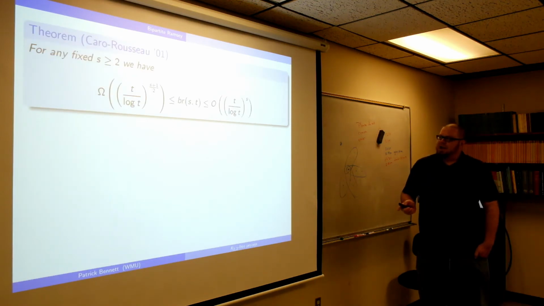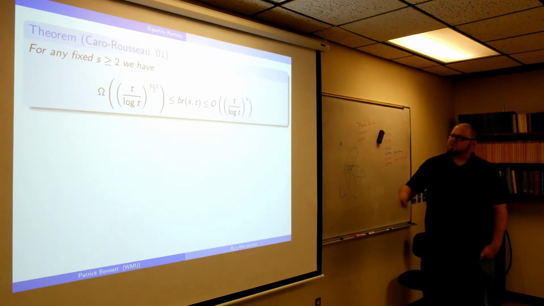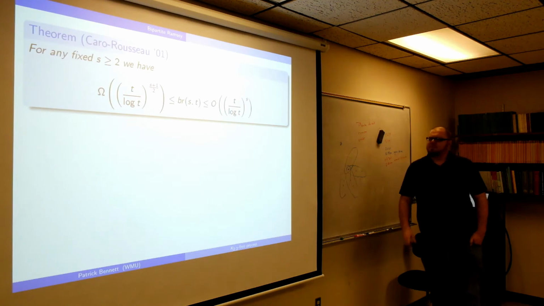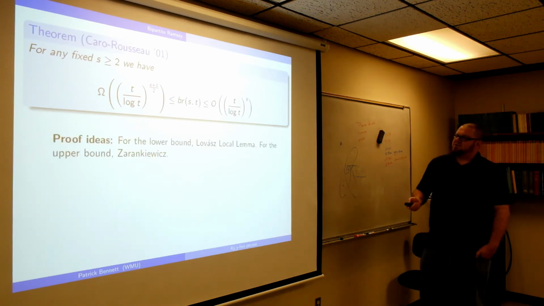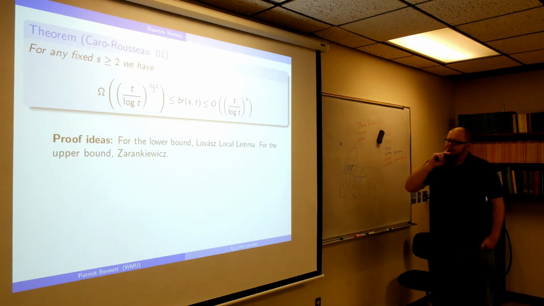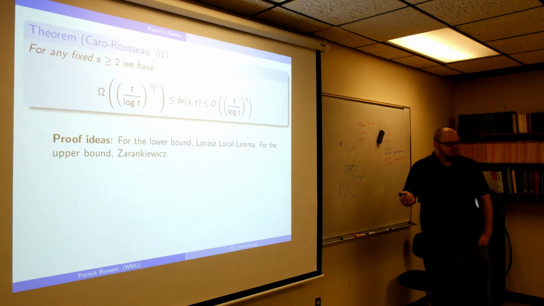What about the off-diagonal case? Meaning, if I fix S and let T grow, then we have these bounds, which are from Caro and Rousseau. The lower bound is again the Lovász local lemma. And for the upper bound, it's just a density argument.